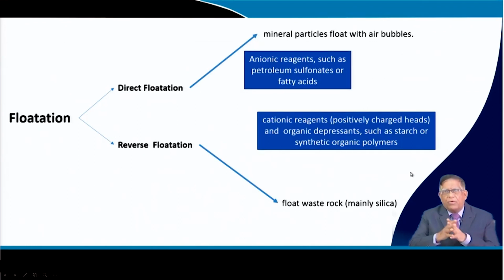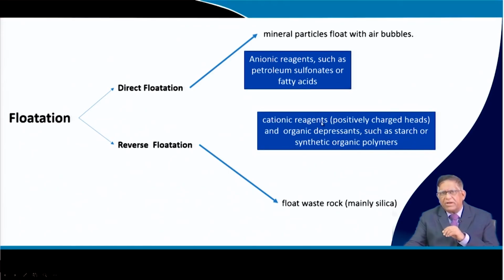We have this flotation system as two types, direct flotation or reverse flotation. In direct flotation, the mineral particles float with the bubbles. Mainly the anionic reagents such as petroleum sulfonates or fatty acids, when put in there, will attract those particles and they will float.